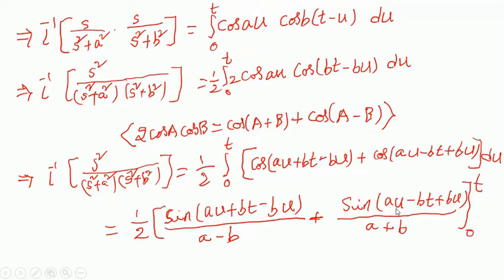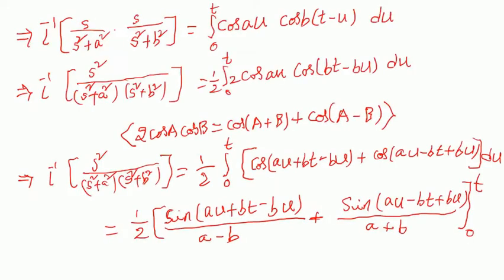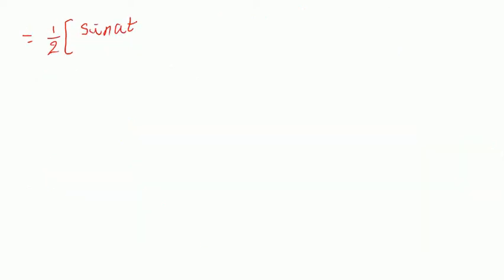So what is that here? Next step is sine at by, so that is equal to 1 by 2 into sine at by a minus b, plus in the second term, if you substitute the upper limit, bt is cancelled, then you can get sine at by a plus b.